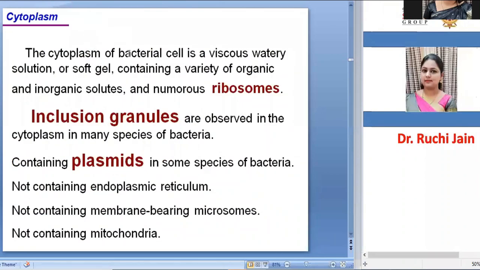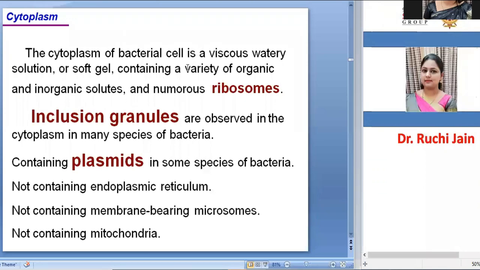Cytoplasm. The cytoplasm of the bacterial cell is a viscous, watery solution or soft gel containing a variety of organic and inorganic solutes, and numerous ribosomes are present. So cytoplasm is a liquid watery solution or a soft gel.